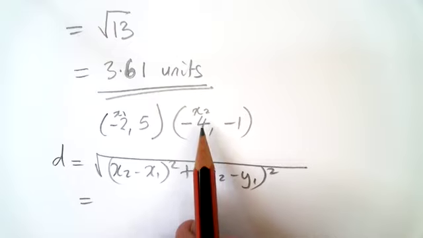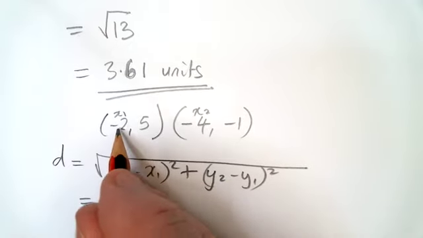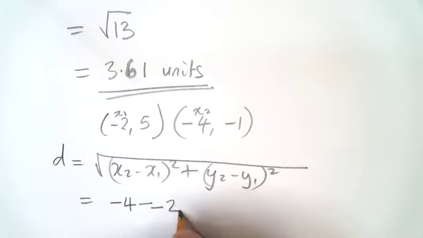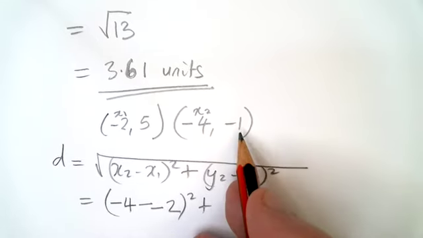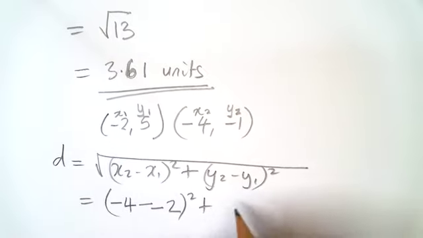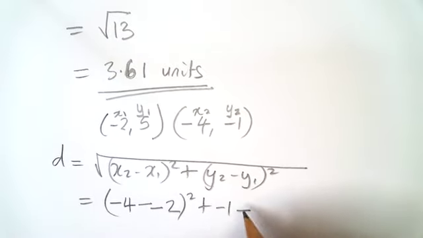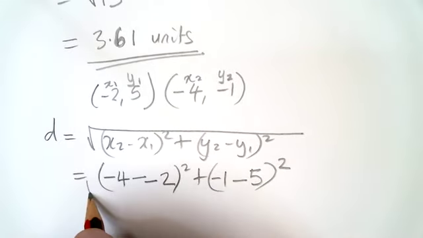So I've got -4 minus -2. That's going to be all squared plus y2, or y2 is going to be this one here, y2, y1. So I've got -1 minus y1, which is 5. And that's, again, all squared.